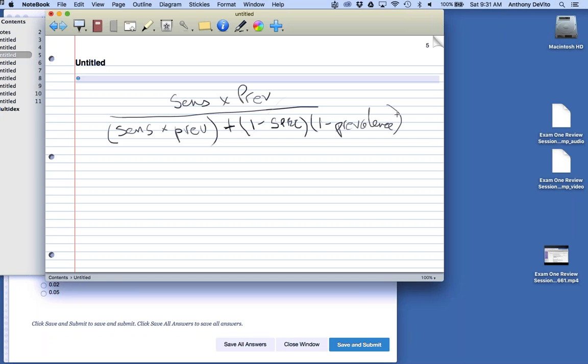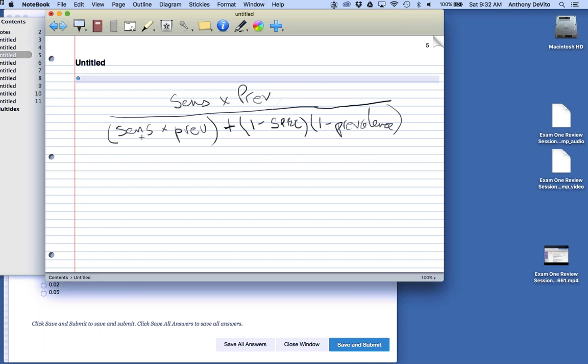Now, we have a lot of other stuff that we have to move on to, so I'm going to mention this, but I'm not going to try and show it in detail. What's really happening here is the sensitivity times the prevalence. 3% of the population have the disease or are drug users. The sensitivity is, whatever it was, 96%. We're about to look that up, right? If I multiply 96% times 0.03, it gives me the percentage of the population that tested positive and actually have the disease.